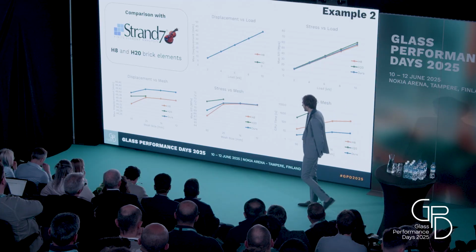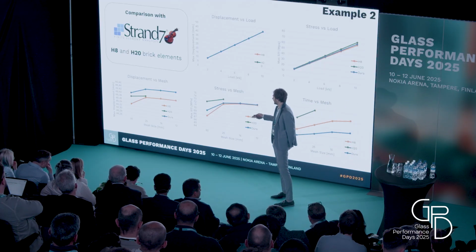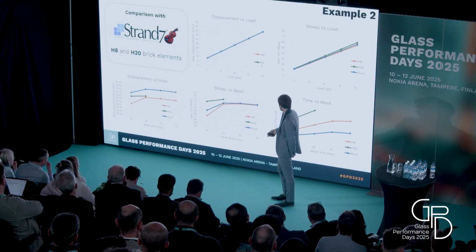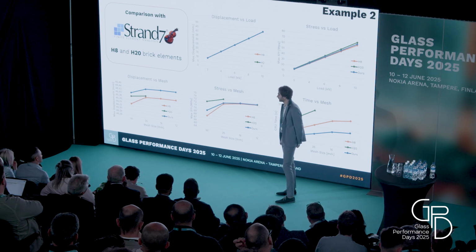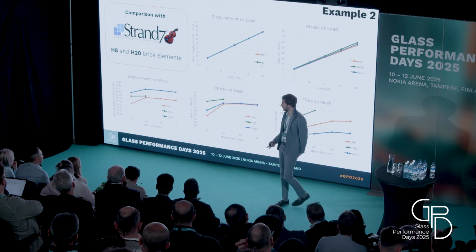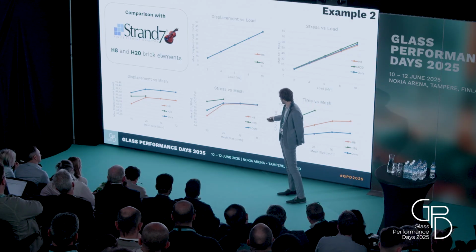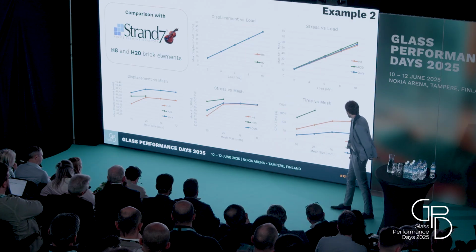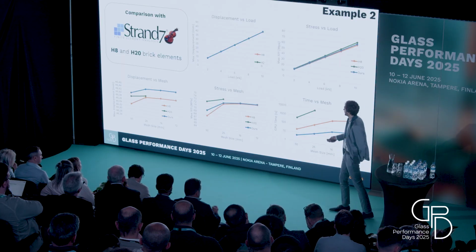And here is displacement versus the number of elements. You see that with Strauss Hexa20 elements, which is a quadratic brick element, we cannot even go over a certain number of elements because it takes so much time. But the results are actually good.